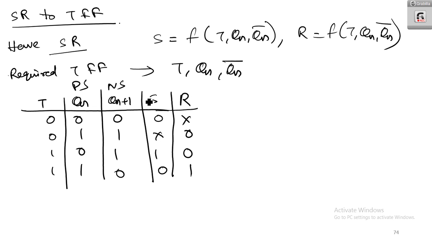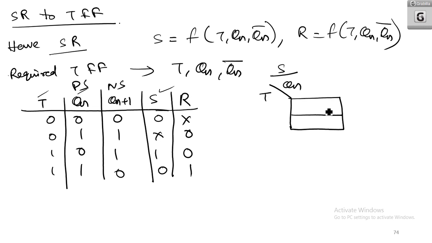Now you need to form the expression for S in terms of T and Qn. It is basically a two variable K-map. So I am going to find the expression for S. The columns are T bar, T and the rows are Qn bar, Qn.